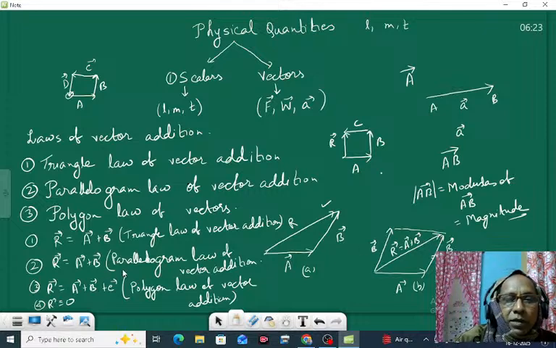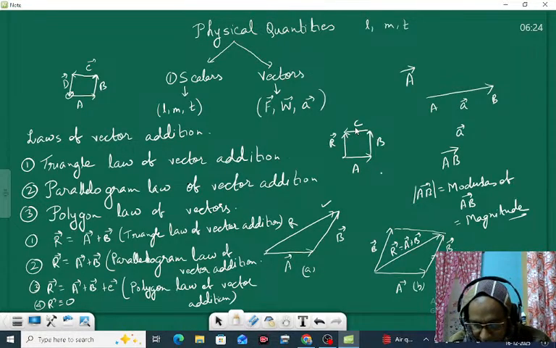Therefore R equals A plus B. And in the polygon law of vectors, you add all the vectors, A plus B plus C equals R, right? The initial point of the first vector and the final point of the last vector give the resultant. These are the various laws of vector addition.